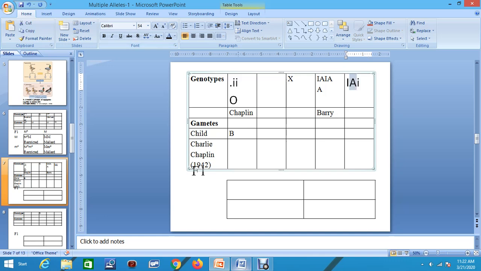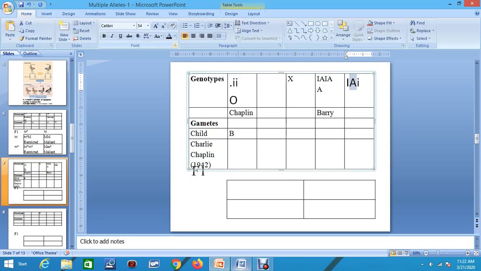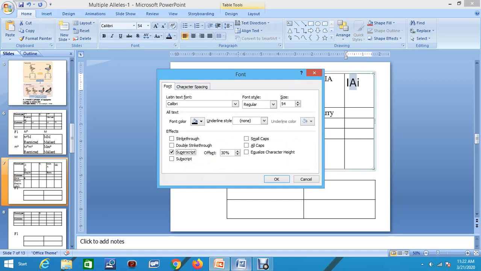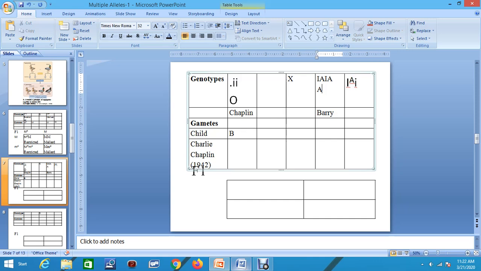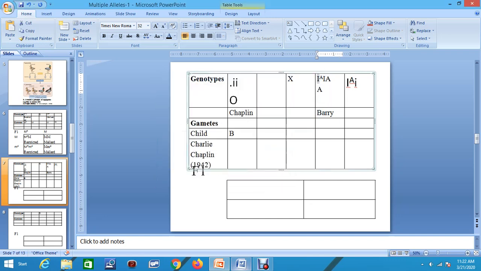So this one will be converted in the font and superscript, and this one also. So I will copy the same here for the other character. So these are the two possibilities for A blood group, while O blood group has only one possibility, small i and small i. Now the gametes will be small i alone.